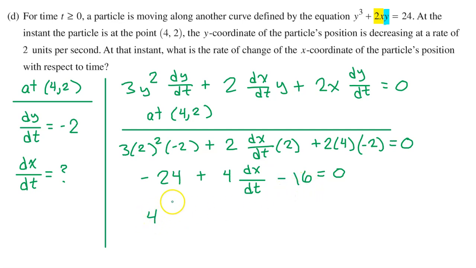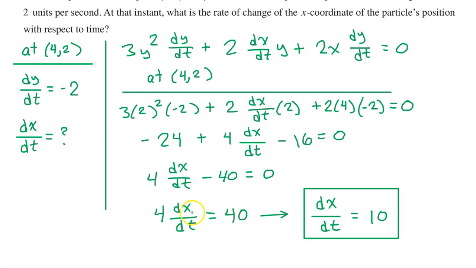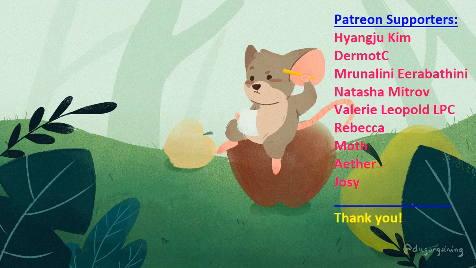So we have 4 dx/dt minus 40 is equal to 0. Adding 40 to both sides gives us 4 dx/dt is equal to 40, and dividing by 4 gives us dx/dt equals 10.